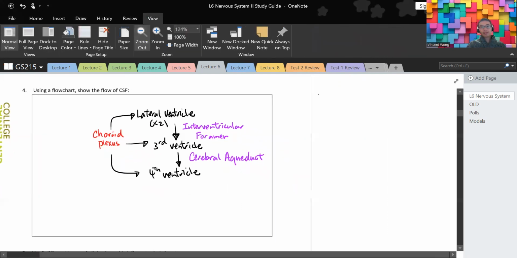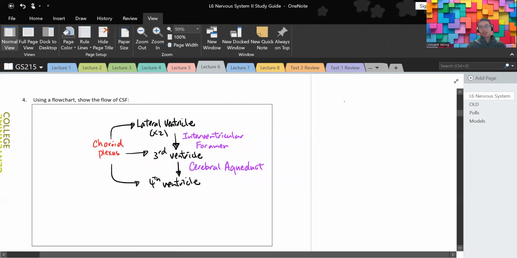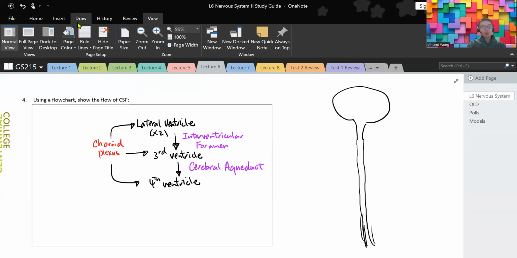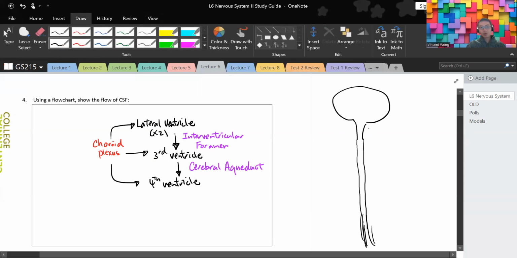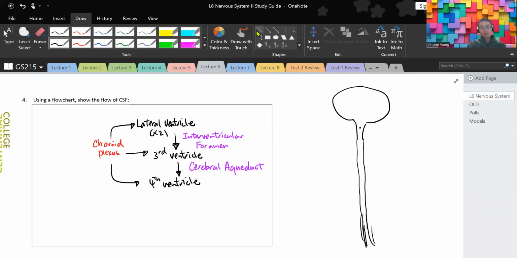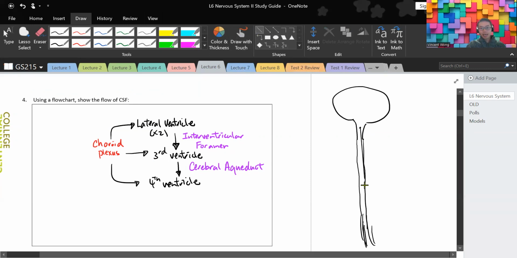Now, in case you did not know this, this is the brain, and this is the brainstem. We're looking at it from the back, and the brainstem will come out at the base of the skull and become the spinal cord. That's the spinal cord right here. Inside the spinal cord, at the center, there is a tiny hole that runs the entire length of the middle of the spinal cord.